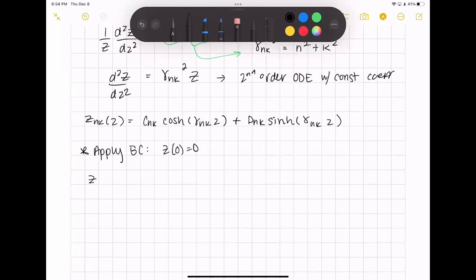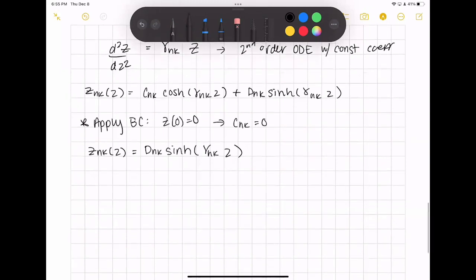Then the Z function just boils down to the D, the hyperbolic sine term. Right, because then that C_nk term goes to 0 if we plug in Z equals 0 and set it equal to 0. So we're just left with this hyperbolic sine term, and we note that Z varies with both n and k iterative variables.